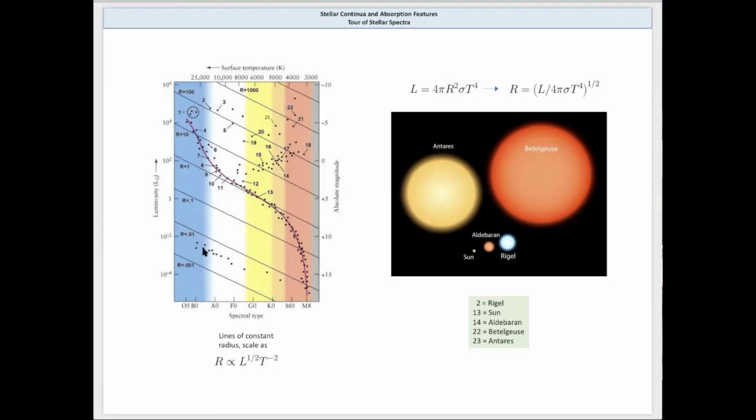So that's how we know these stars are small from L and T. Here's your main sequence, and then the red giants, the evolved stars. It's an interesting diagram because not only do you get this understanding between flux and temperature and energy transport and luminosity, but you also get radius.